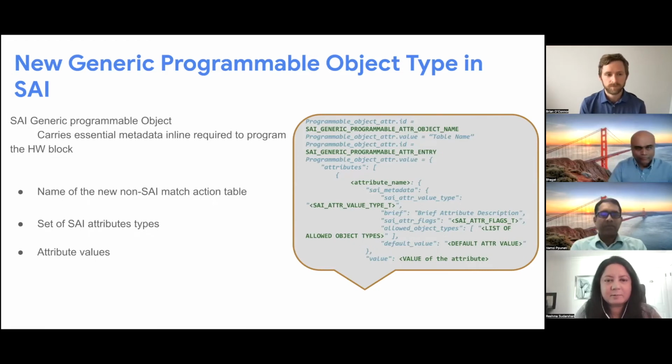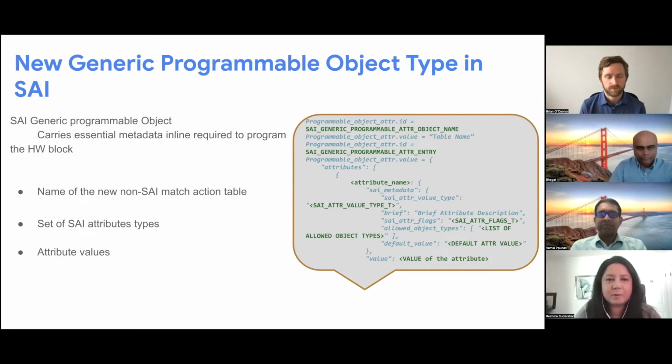From an ecosystem perspective, making SAI changes requires changes in all levels of the stack, and the SAI generic programmable object is generic enough to provide the essential metadata passed as part of the CRUD API to support new table additions that the user wants to add into the hardware.